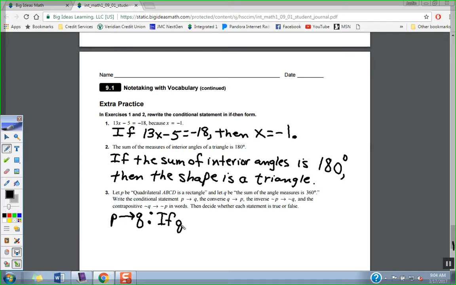So if quadrilateral ABCD is a rectangle, then Q. What represents Q? The sum of the angle measures is what?